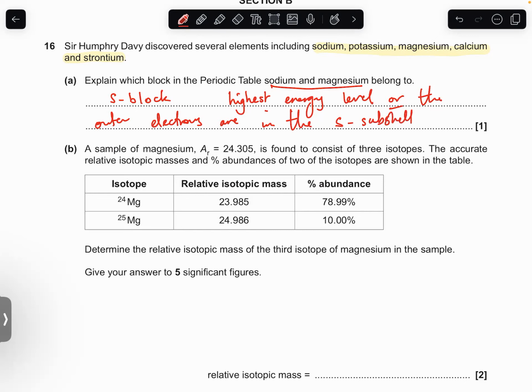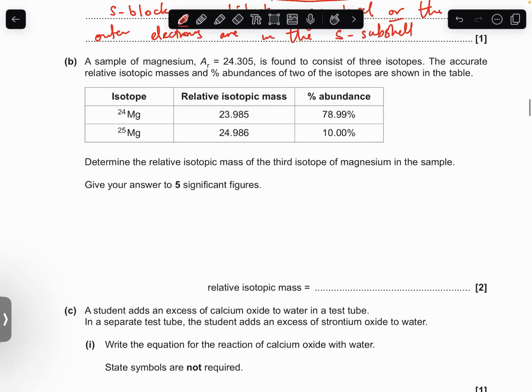That's why. Next question. This is a relative atomic mass question. You've done many of these, but the trick here is that they want you to give it to 5 significant figures. I don't think I've ever seen a question saying 5 apart from this one. So, determine the relative isotopic mass of the third isotope.